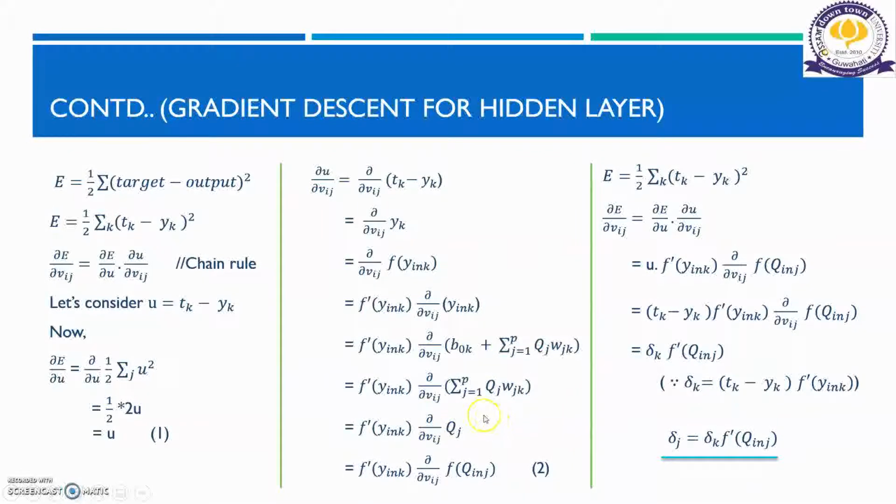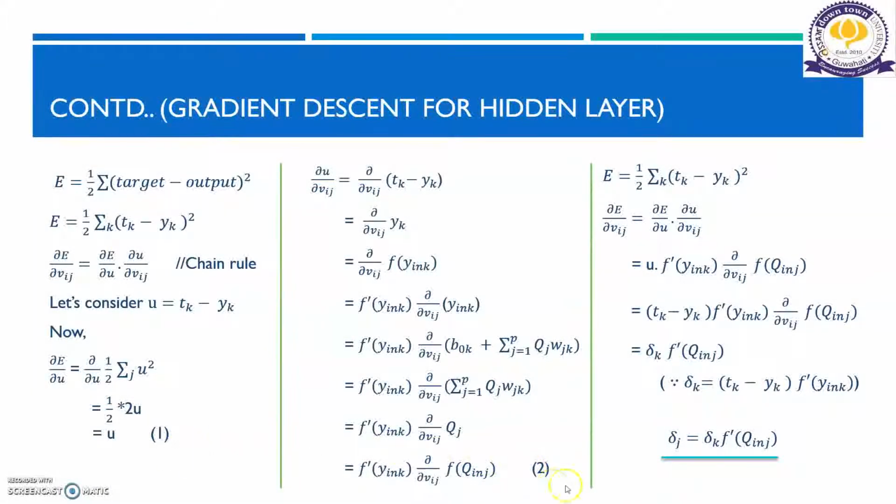Now again, using the law of derivatives, this term can be divided into derivative of qj and derivative of yjk, where wjk will be like non-related parts, so this part will be gone, so only the term qj will be left. Now in place of qj we can write the activation function of your input weight at the hidden layer, so we just let it be here.